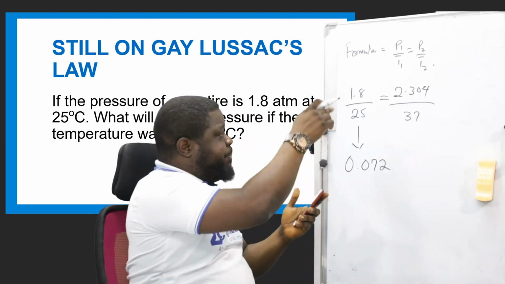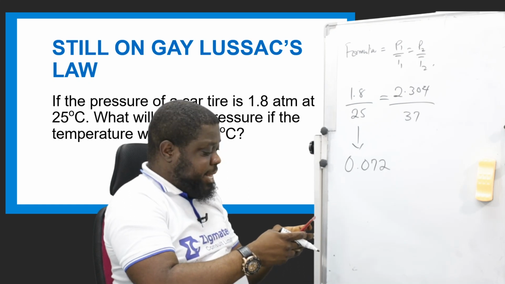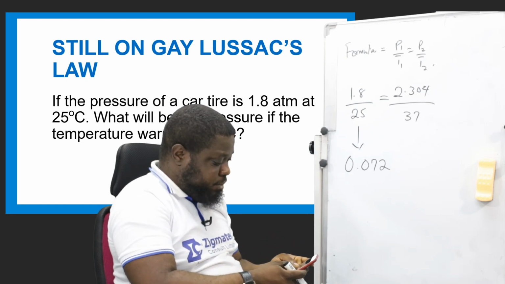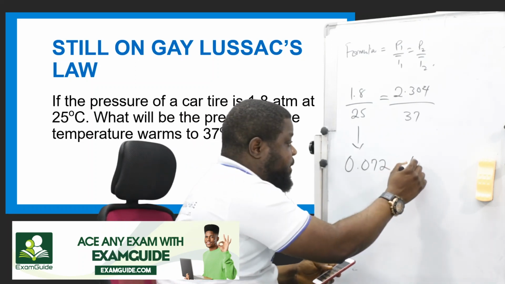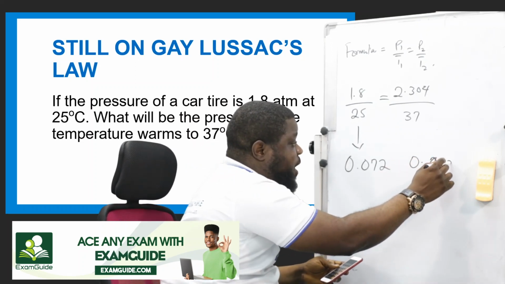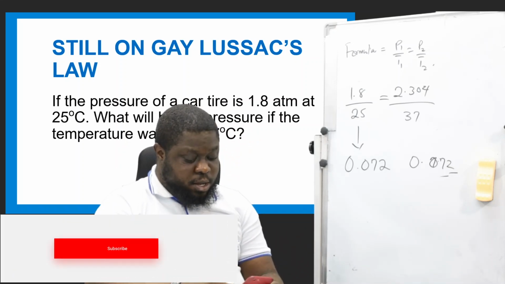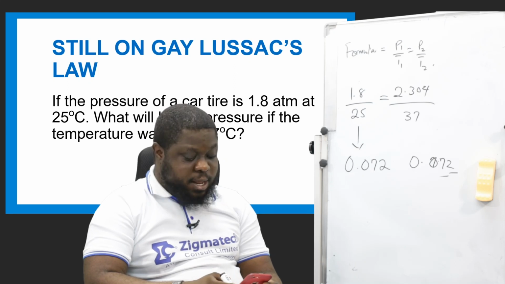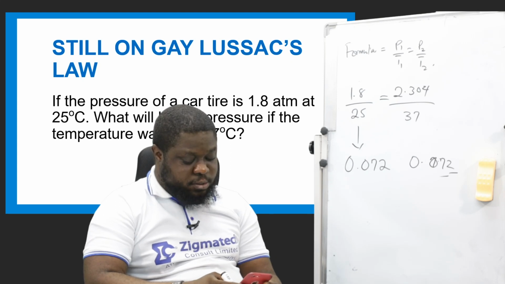Let's see if P2 over T2 is the same thing. 2.304 divided by 37 still gave us the same thing, 0.072. So in essence, our answer is correct.